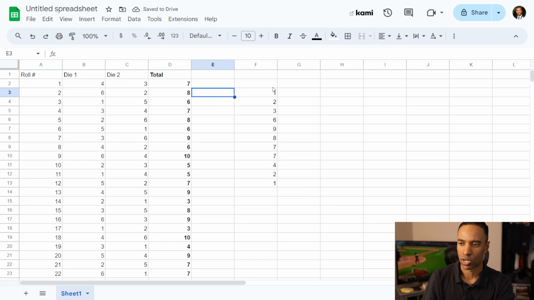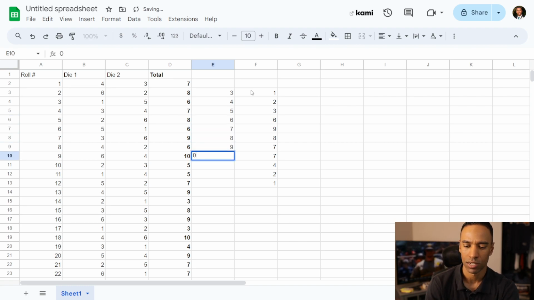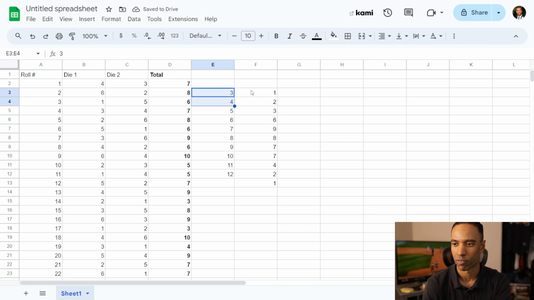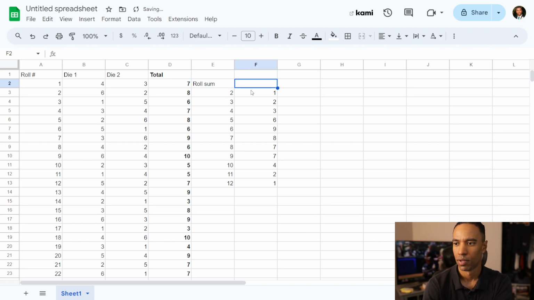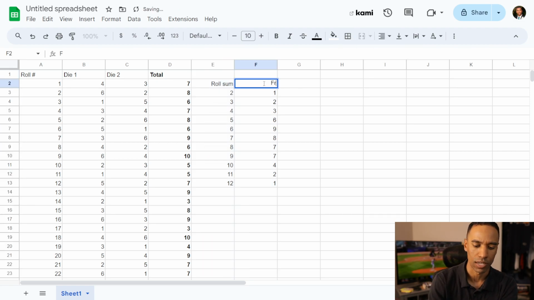So that's these numbers here. So this is 3, 4, 5, 6, 7, 8, 9, 10, 11, 12. Oh, sorry. 2, 3, 4, 5, 6, 7, 8, 9, 10, 11, 12. Okay, so roll sum and like the value and then the frequency, okay?